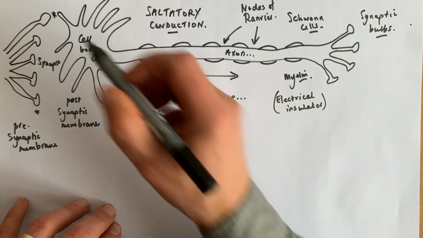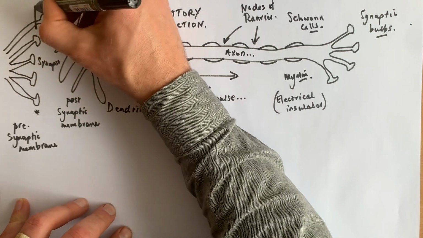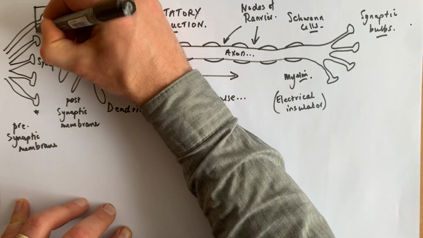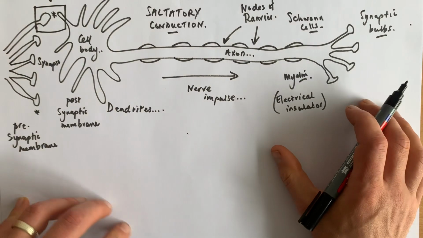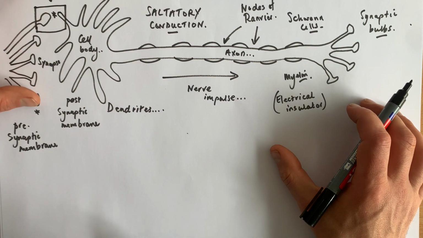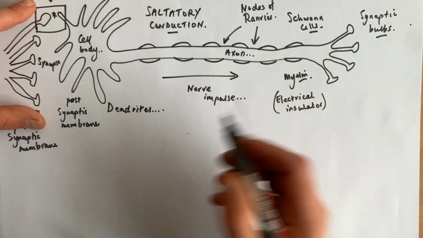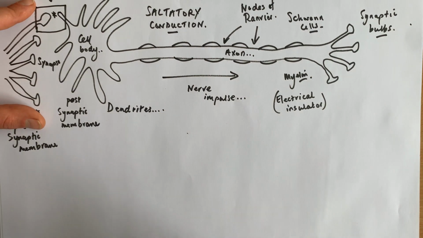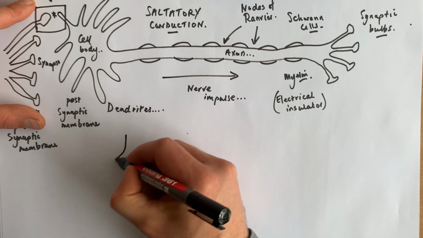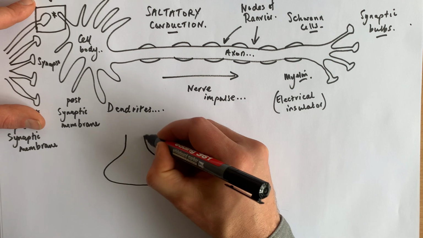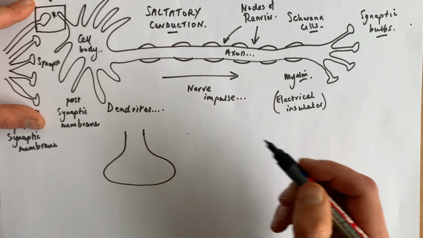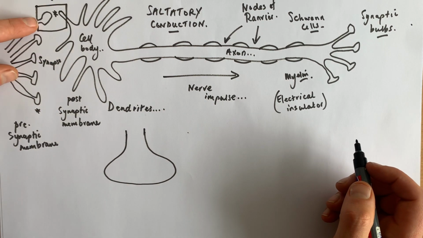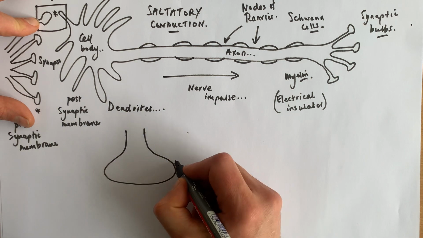So what we're going to do is we're going to take this part of the diagram up here, and we're just going to draw that in a bit more detail. So this is going to be the synaptic transmission. So if I just do the synaptic bulb, so this would be the presynaptic membrane.